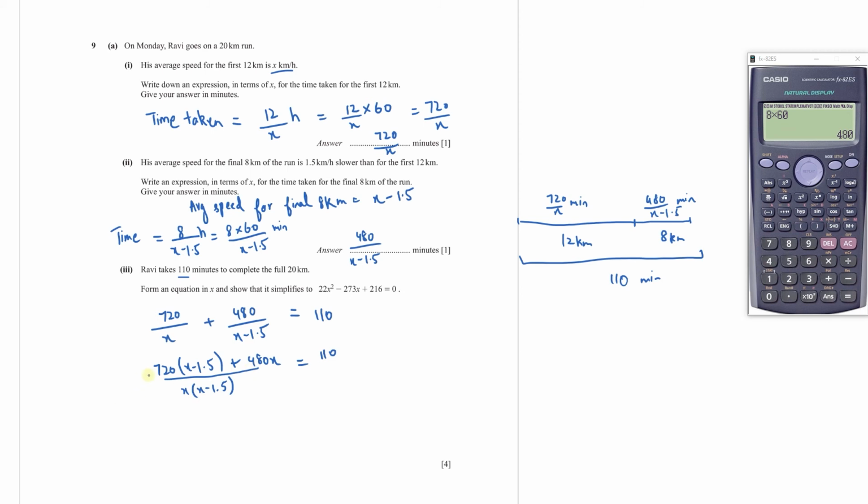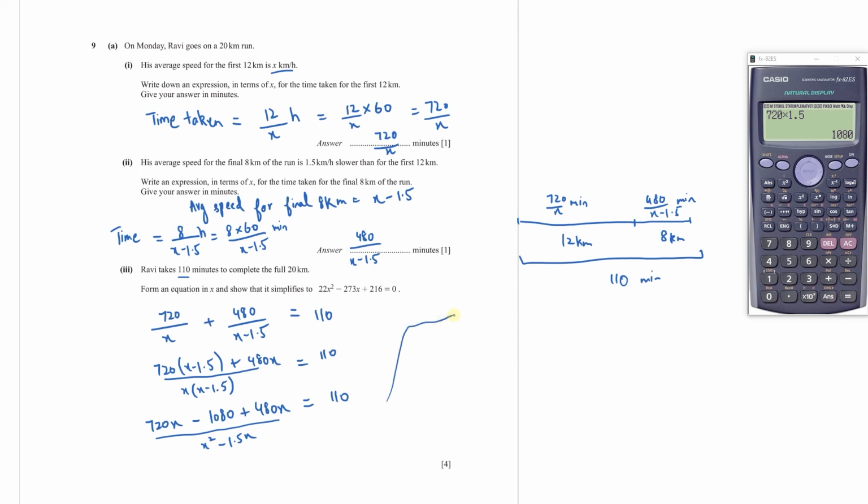If I open this bracket, I will get 720x minus 720 times 1.5, which is 1080, plus 480x, and I can open the bracket in the denominator, so I get x squared minus 1.5x equals 110.